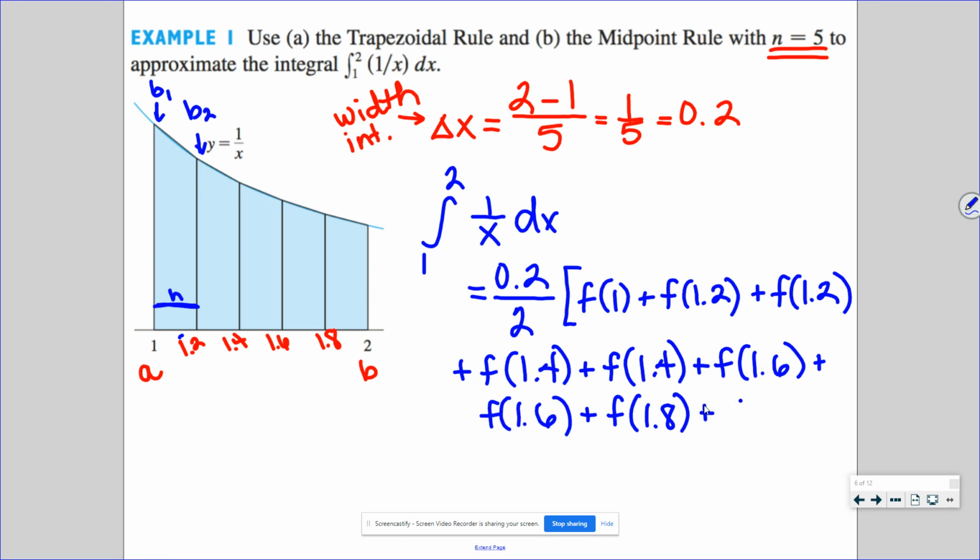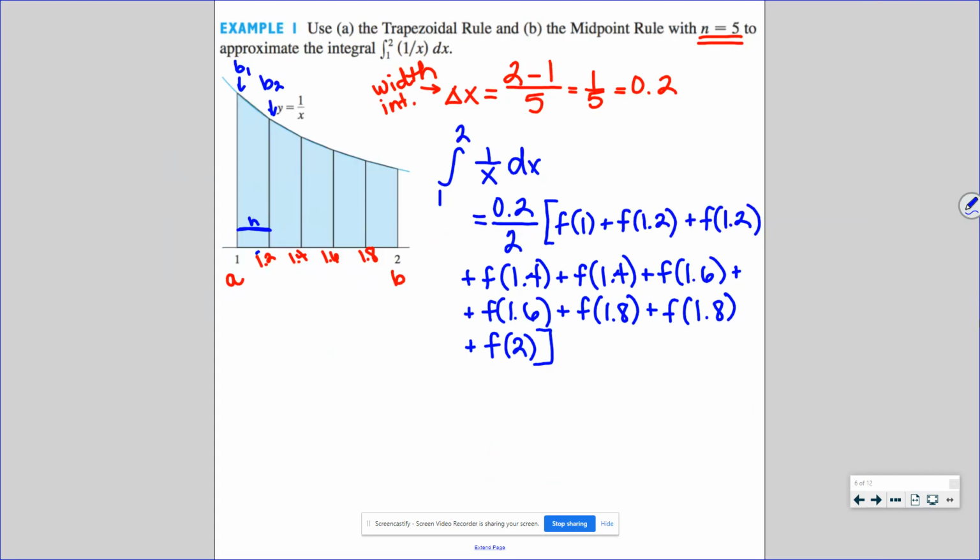Now, you should notice as you're writing that there is a sort of pattern to this, and the pattern is that you have repeating values. You see f of 1.2 is in here twice, f of 1.4 is in here twice, 1.6 and 1.8 as well. That's because those function values, because they're the inside trapezoids, get used twice because they represent both base 1 and base 2 for whatever respective trapezoid you're dealing with.